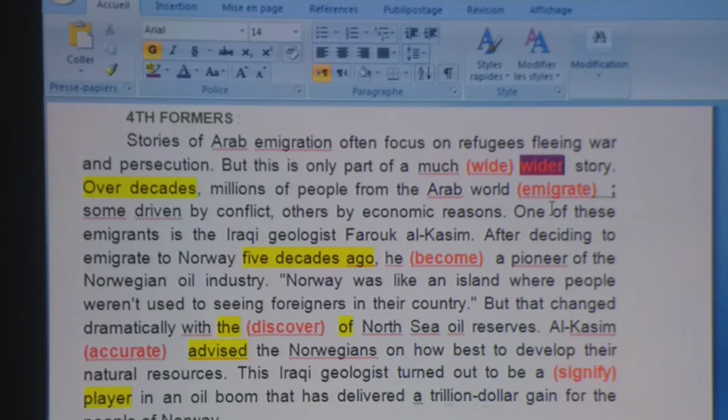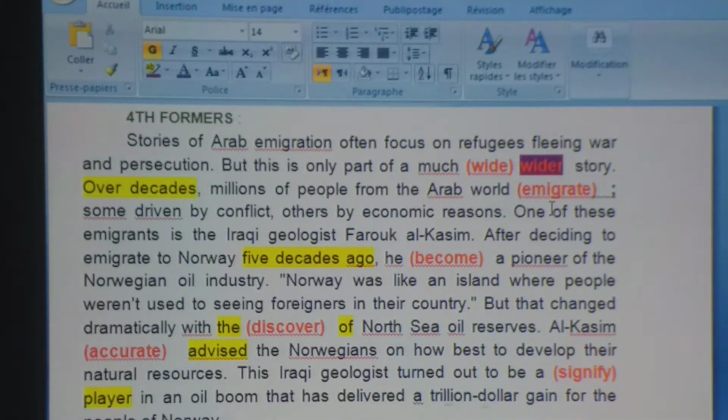Migrate also is a movement, to go and live, and it is about a large group of people. I may say that workers, for example, migrate to the United States each year to find work at harvest time. So you see now here it's about workers, a group of people.